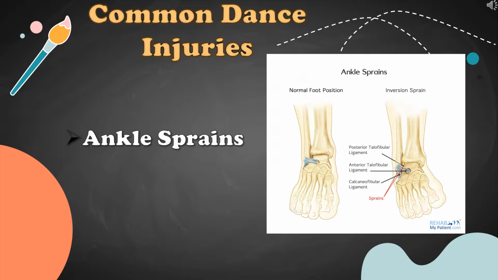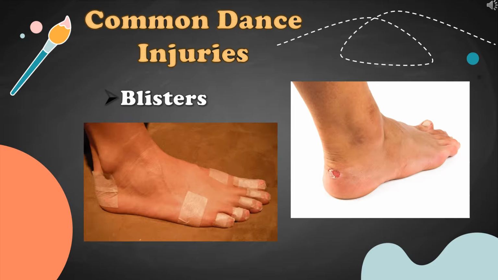Here are some common injuries that dancers experience. The first one is ankle sprains. Next, they also get blisters. They often have them on their feet because of long durations of practice and dance performance.